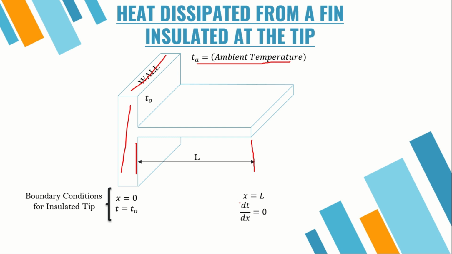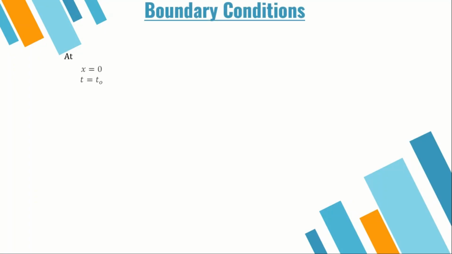So now I will be telling you how dT by dx is equal to 0. First of all, I will tell you how this came. As we have seen, qx is equal to minus k Ac dT by dx.